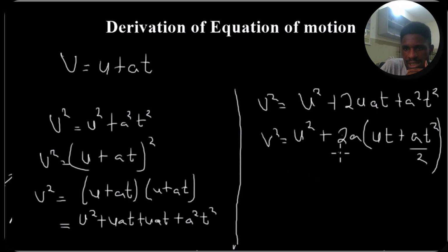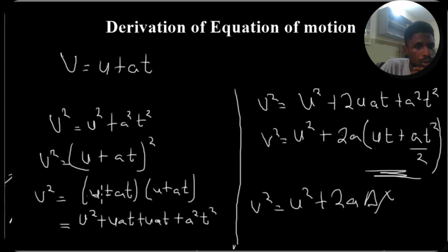So you can see that this expression here, ut plus half at squared, is the same thing as our delta x. So I can now see finally v squared is equal to u squared plus 2a delta x. So this is how we derive our equations of motion. We assume that acceleration is constant, and if acceleration is constant, we can get these equations. All right, bye-bye.